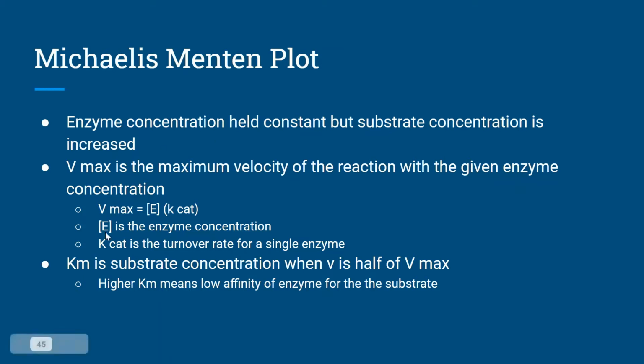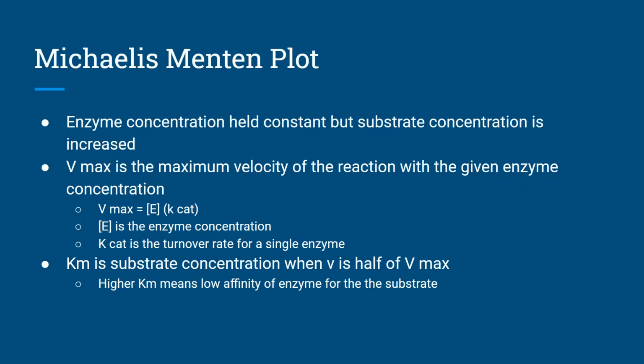And the next parameter is called Km. This is the substrate concentration when the velocity of the reaction is half of Vmax. So the reaction is occurring at half its maximum velocity. For Km, you need to know that if a reaction has a high Km, that means it has a low affinity.